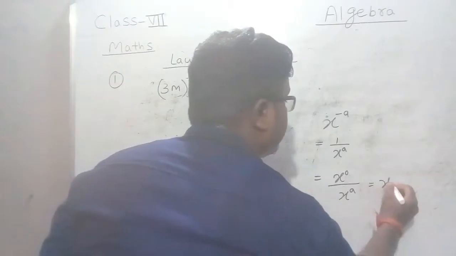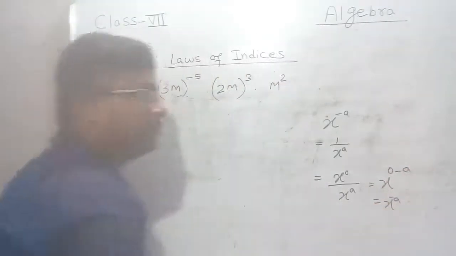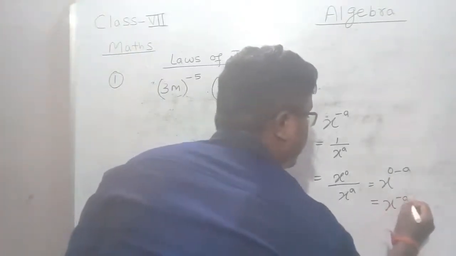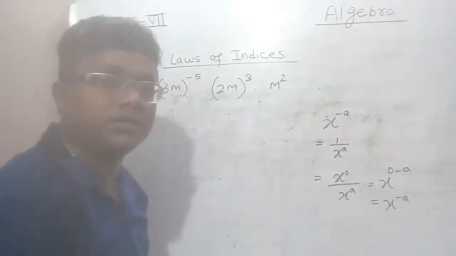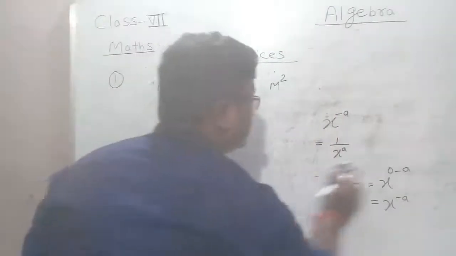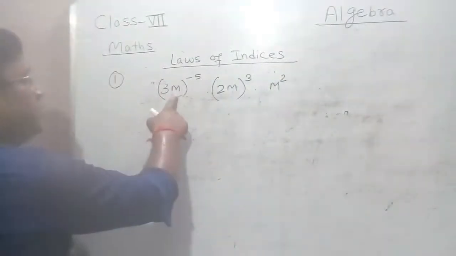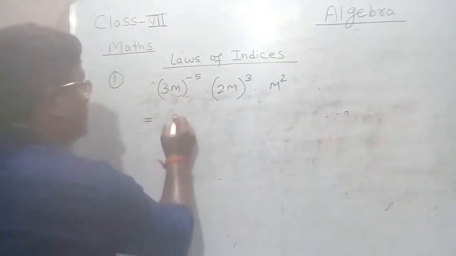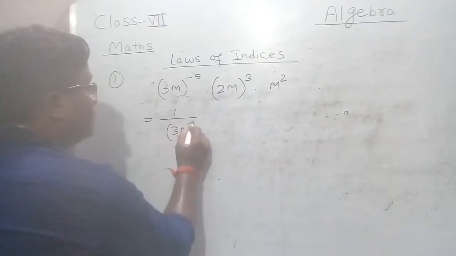In that case, x to the power 0 minus a is x to the power minus a. So x to the power minus a can be written as 1 upon x to the power a. So I am going to make it a positive power, that is here 1 upon 3m to the power 5.